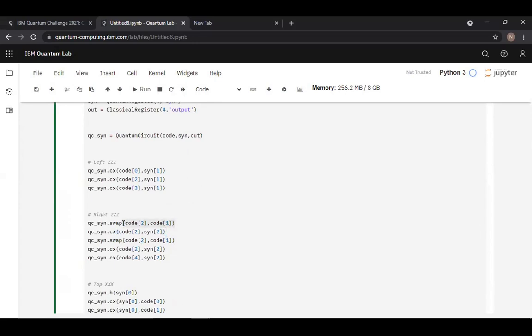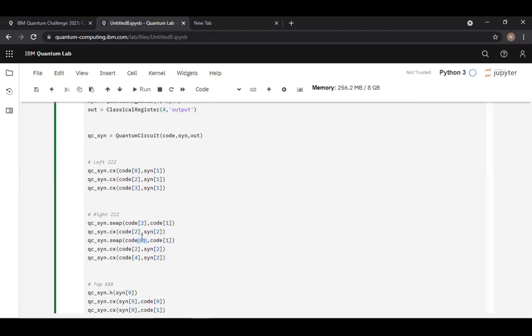So we apply a swap gate between C2 and C1. After this operation, both states are interchanged: the state of C1 is in C2 and the state of C2 is in C1. Now we apply the CX operation between C2 and S2. Technically you're applying the operation between C1 and S2, but after swapping, it comes over here.